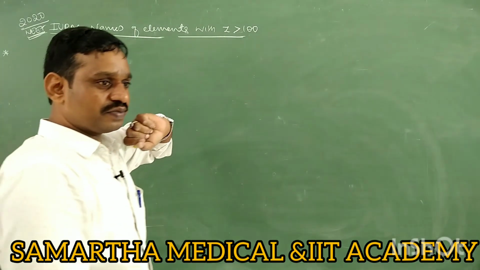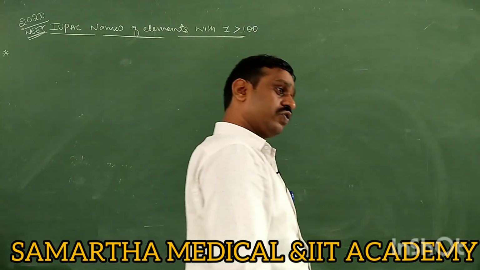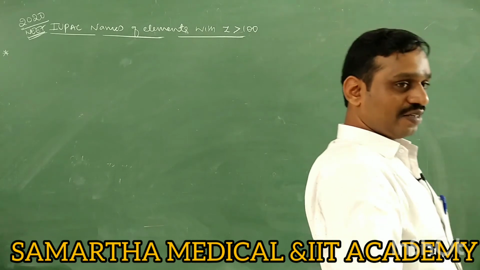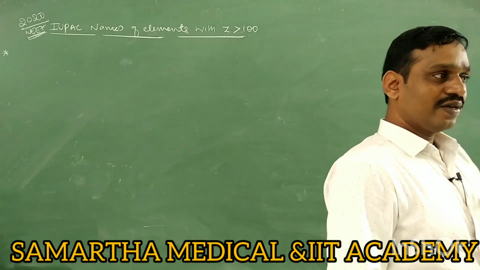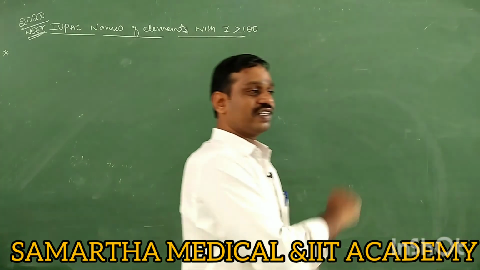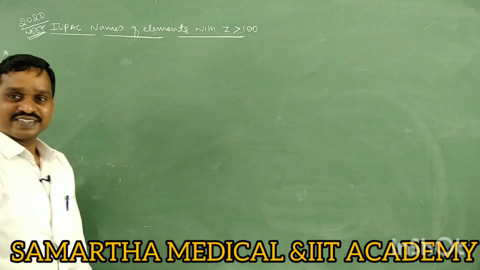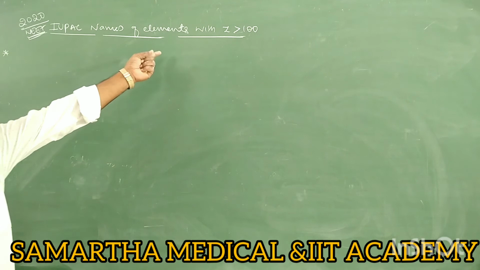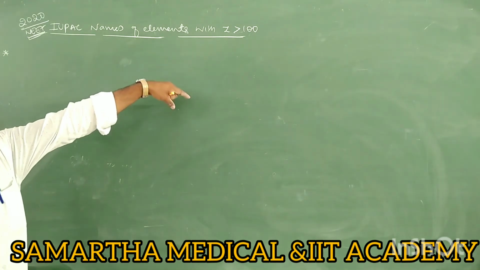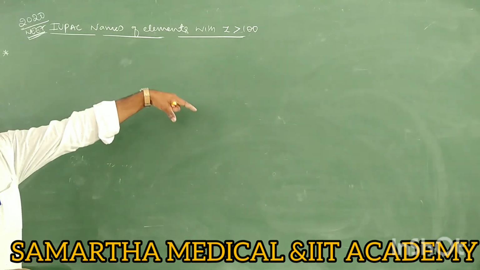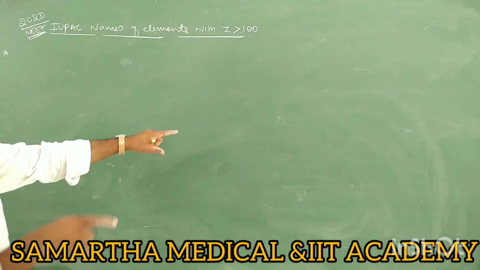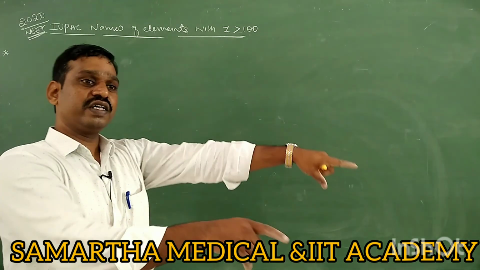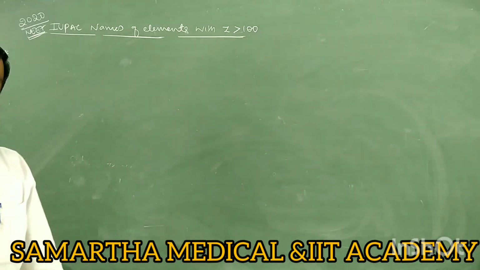But in fact after 100 also, names are given. So unfortunately the same question was asked in NEET. Now IUPAC names should be remembered, but in the last exam they linked IUPAC names versus their common names.